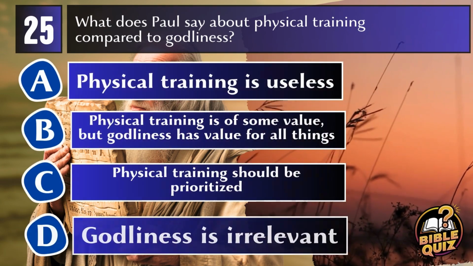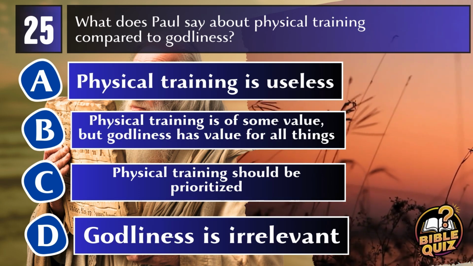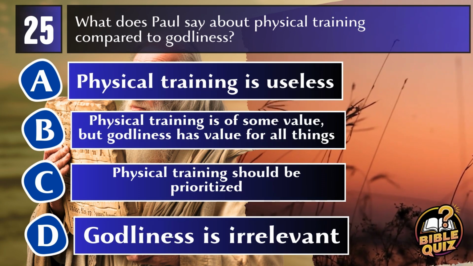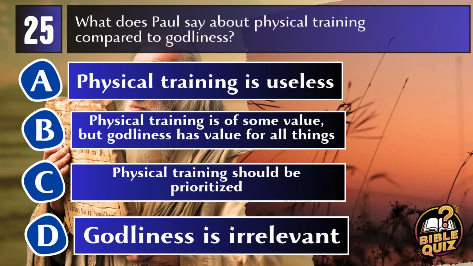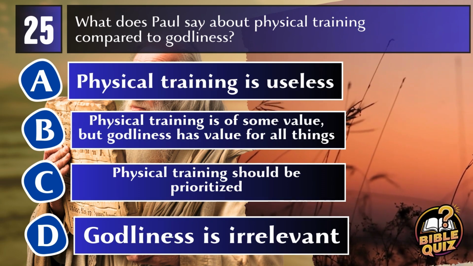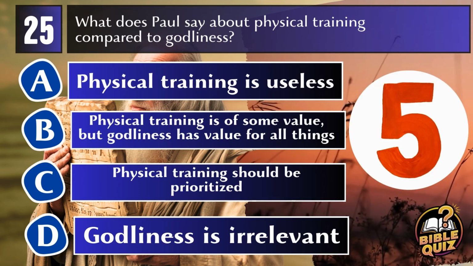Question 25. What does Paul say about physical training compared to godliness? A. Physical training is useless. B. Physical training is of some value, but godliness has value for all things. C. Physical training should be prioritized. D. Godliness is irrelevant.